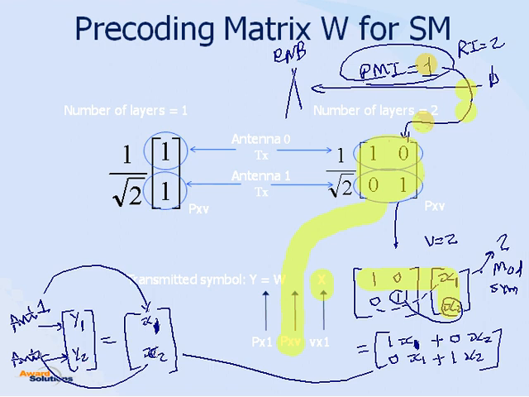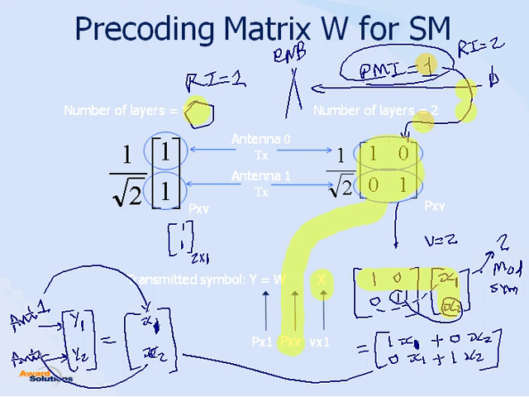But it is possible that some other pre-coding matrix will introduce some sort of phase shift. If someone says, oh, I have only 1 layer, then I will multiply that matrix. Let's say I have 2 antennas, so this will be 2 by 1. I have 1 layer, meaning my rank indication is just 1.